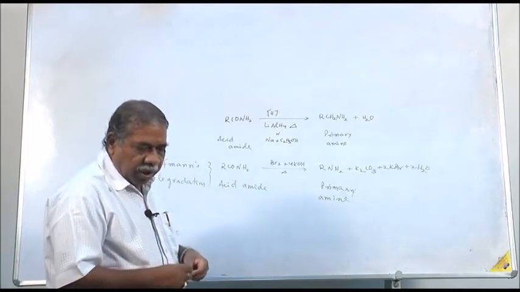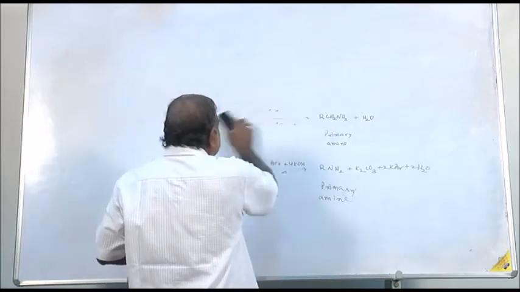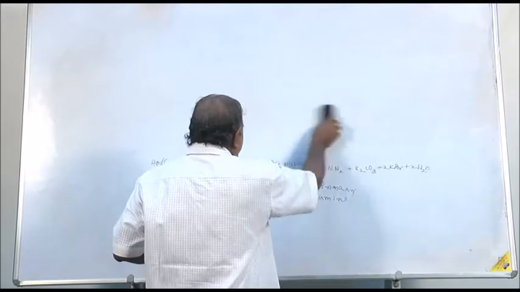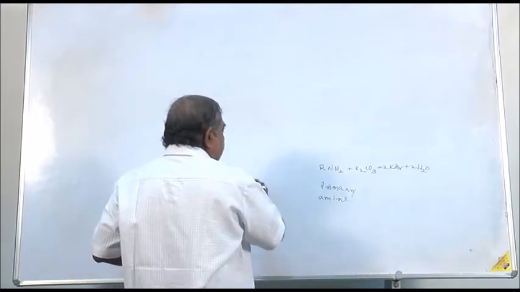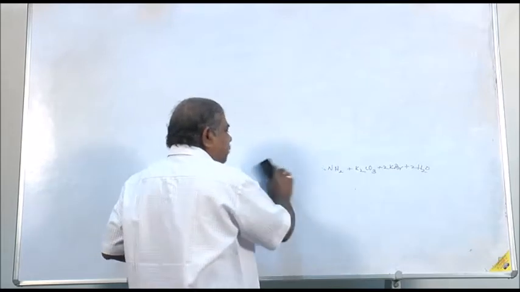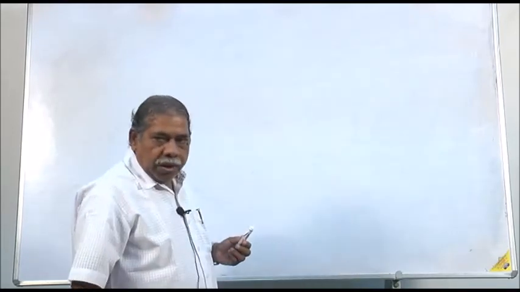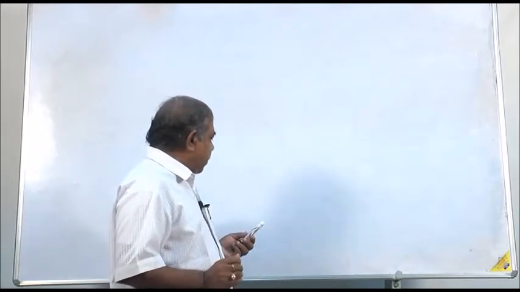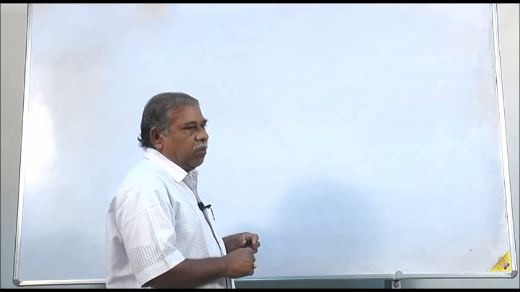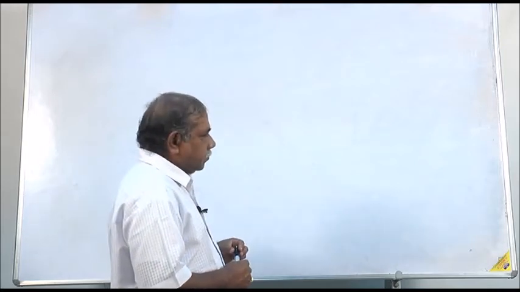So far as the different properties are concerned, we have discussed them also. Amines are basic in nature. It is a common question: why are amines basic in nature? Already I have told you. Any organic compound becomes basic in nature when it is capable of donating a pair of electrons.